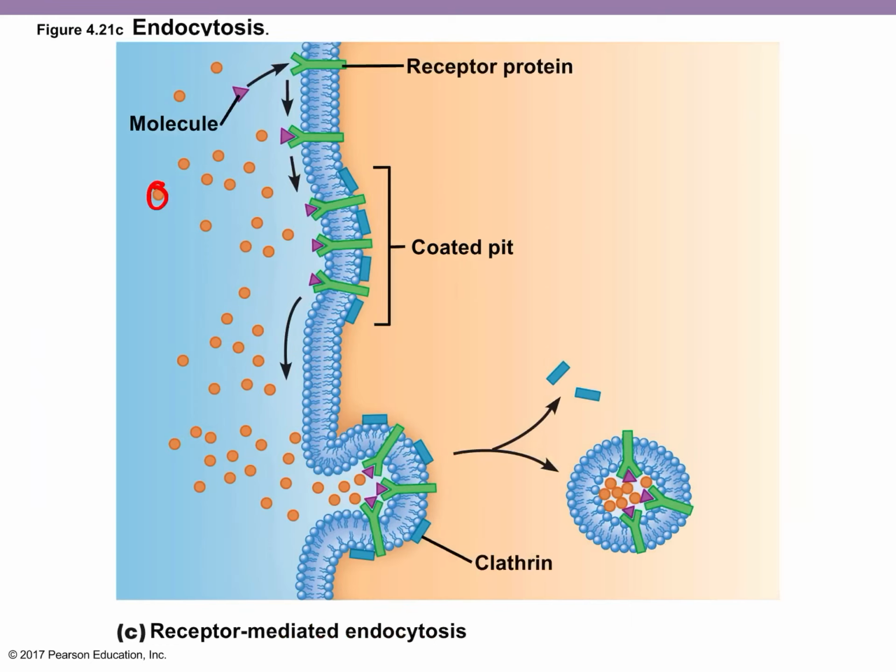The one here is our receptor-mediated endocytosis. And receptor-mediated is our most specific kind of endocytosis, because there are receptors that are put in place. And these receptors are proteins that have a binding site that will only bring in a certain kind of molecule.